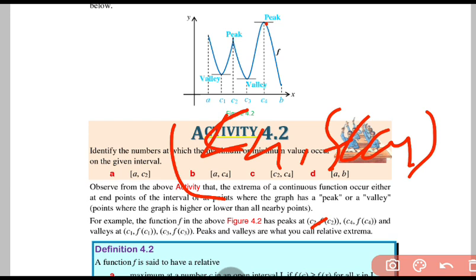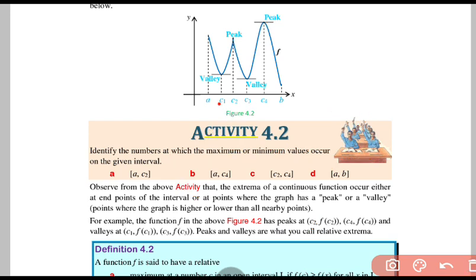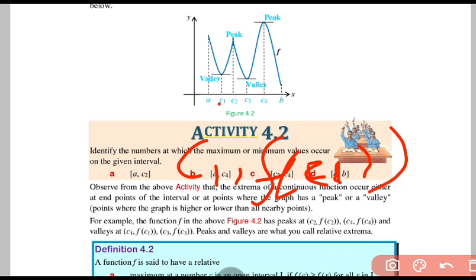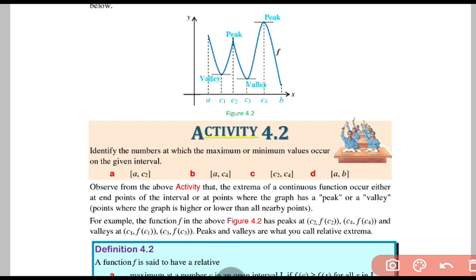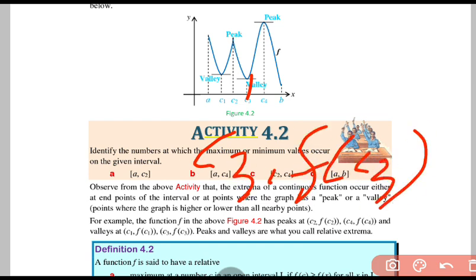Okay, where is the valley? There is a valley at c1 comma f of c1. There is also another valley: c3 comma f of c3 is a valley too.